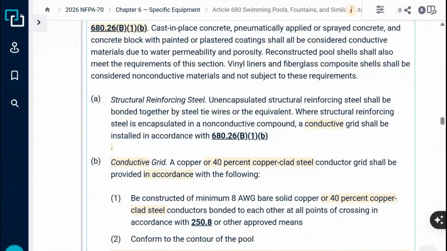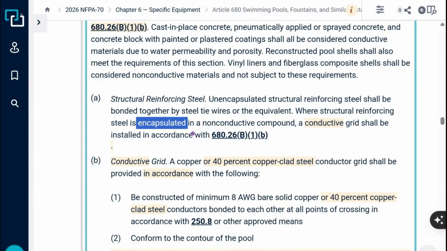All right. Now it says where structural reinforcing steel is encapsulated. I don't think I've seen one, but I've seen a couple. This is where the rebar is encapsulated in, or has been coated with or dipped in, a non-conductive material, something like an epoxy coating.